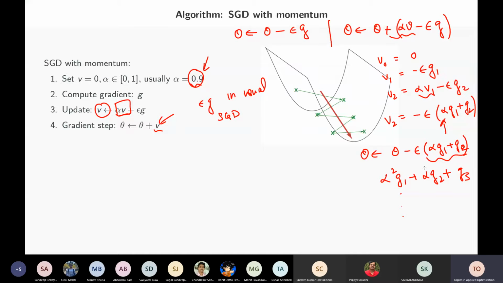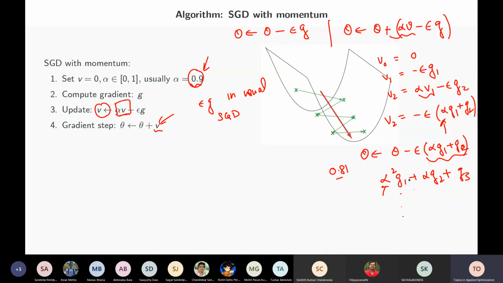So alpha square will be like 0.81. So you are saying that you want to take 0.81 of the G1, and then 0.9 of the previous one, and then 1 of the current gradient.